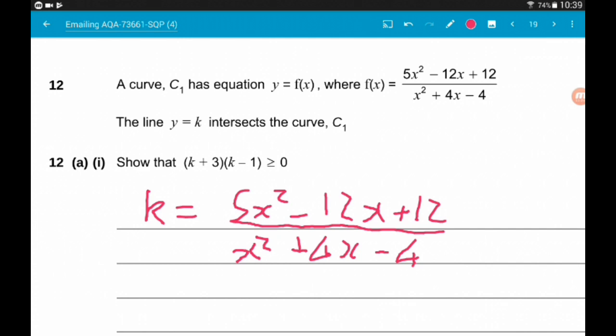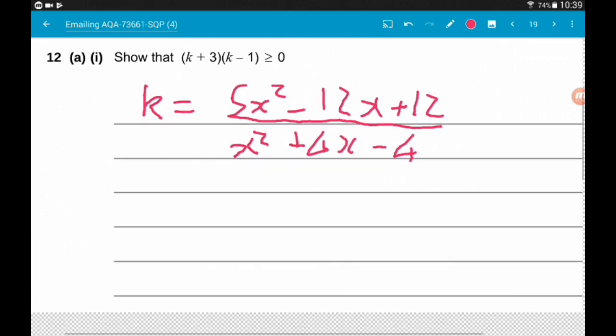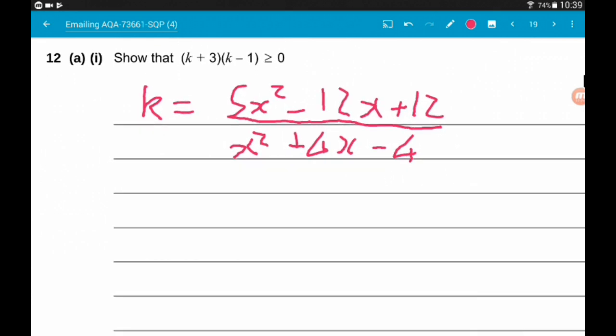So what we want to do now is rearrange this so that everything is on the same side, and we get an equals 0. So we're going to multiply through by this quadratic on the bottom.